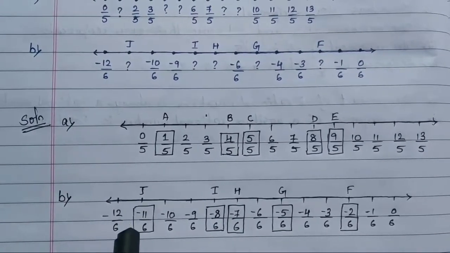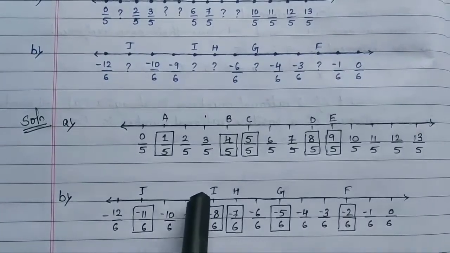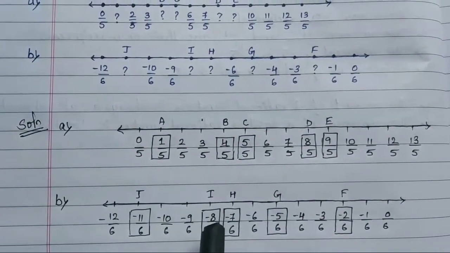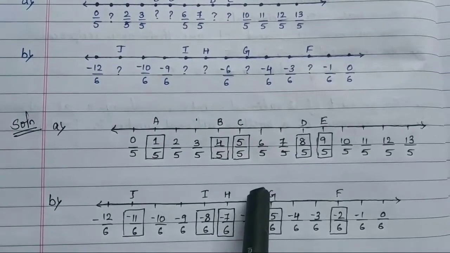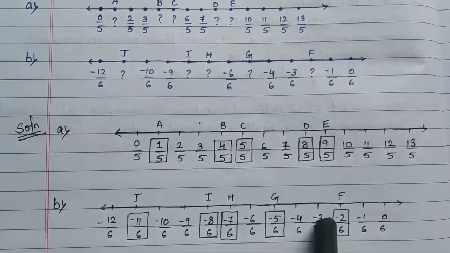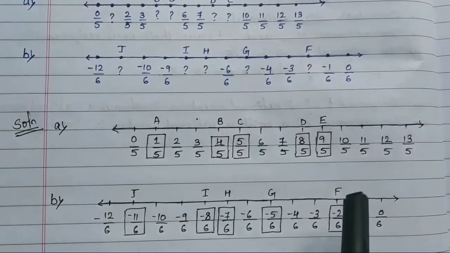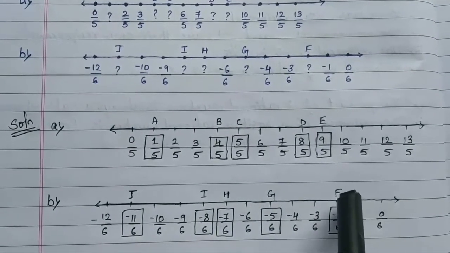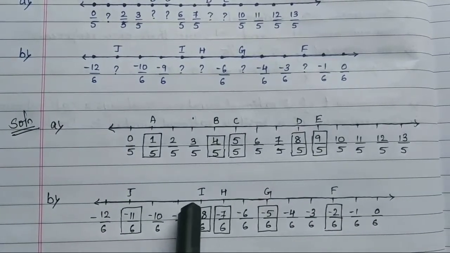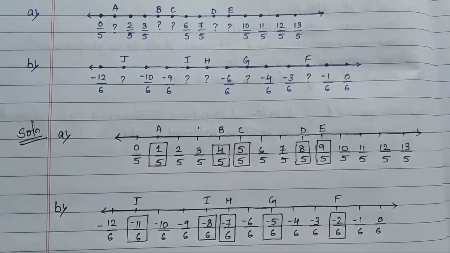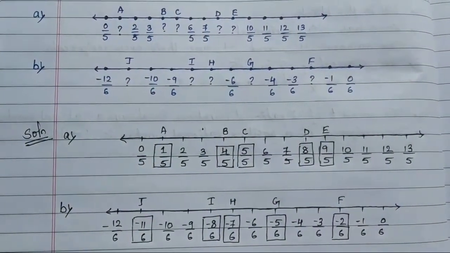Here J stands for minus 11 by 6, I stands for minus 8 by 6, H stands for minus 7 by 6, G is for minus 5 by 6 and F for minus 2 by 6. As you can see, the alphabets are also given in reverse order, that is F, G, H, I, J. It means you have to go in reverse order because this is in the subtraction manner.